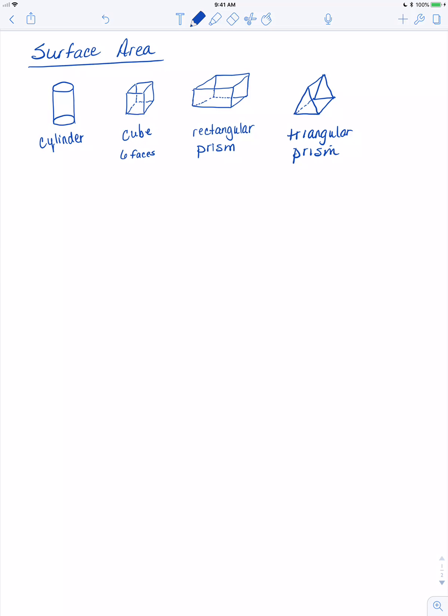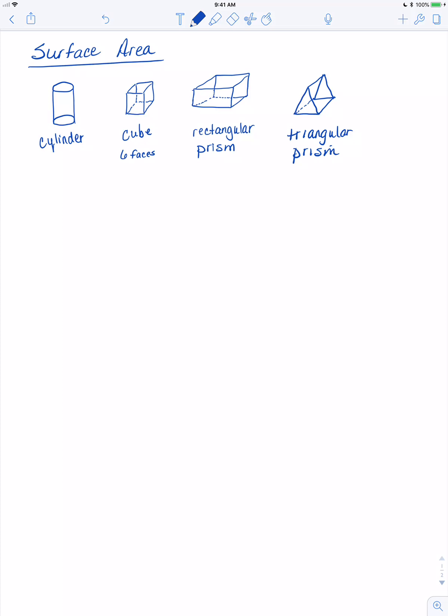So the base shape of a triangular prism is a triangle, even though the faces there on those sides are actually rectangles. You've got 3 rectangles and 2 triangles sort of combined together there for a triangular prism. Notice on the rectangular prism you've got basically 6 rectangles going on to add up all that surface area.